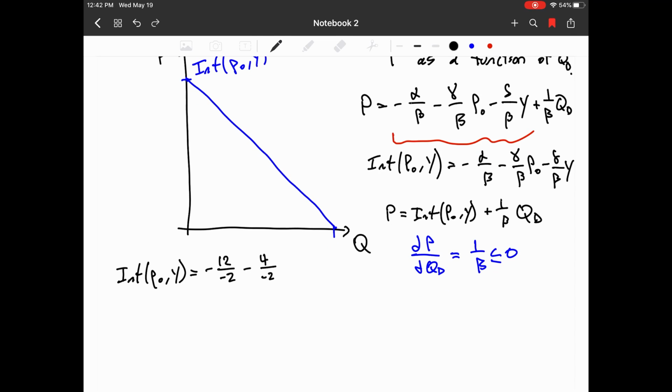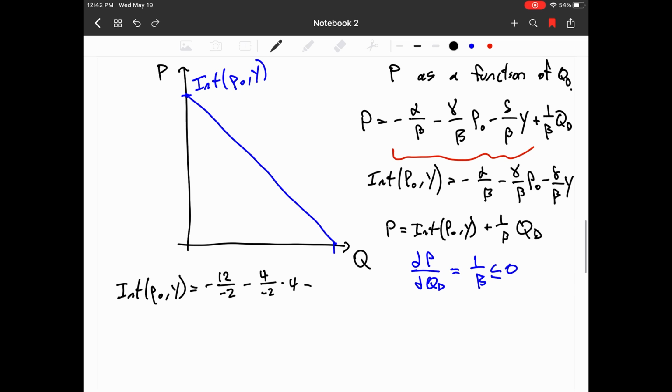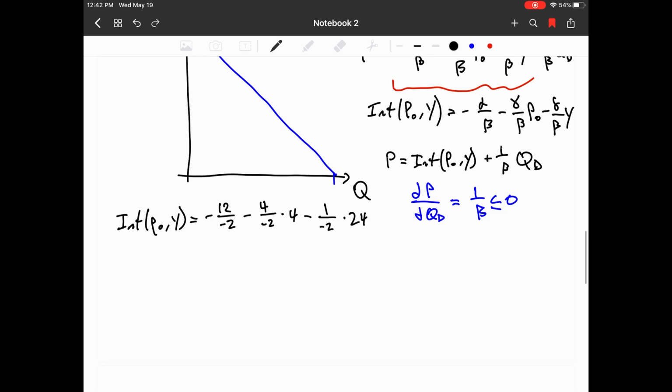which is 4. And lastly, we have delta, which is defined as 1 over negative 2 times 24. So then we can go through and solve this out. Here the negatives cancel. 12 divided by 2 is 6.